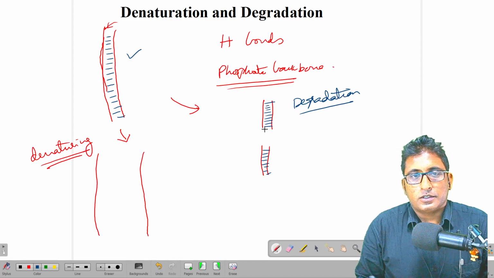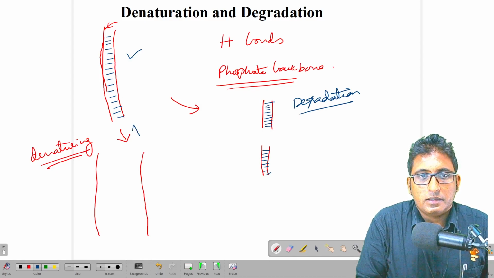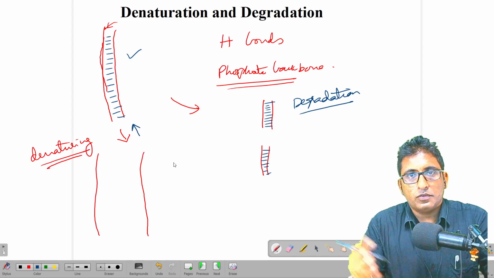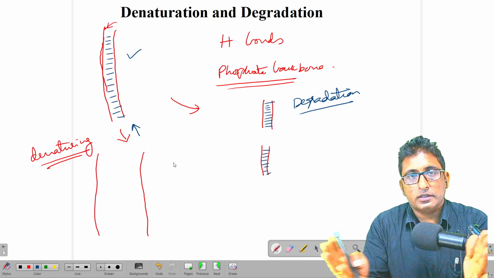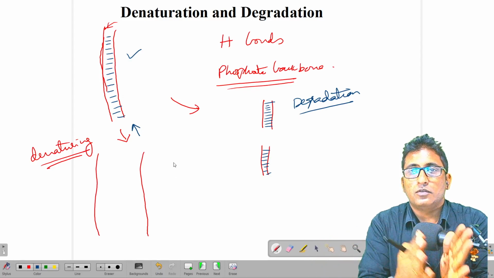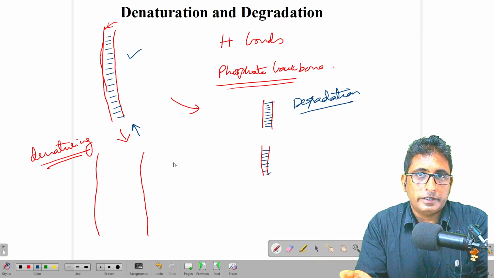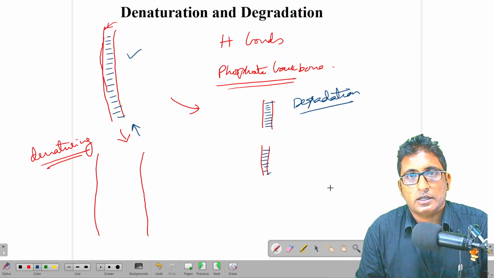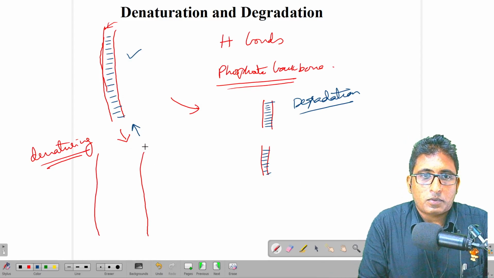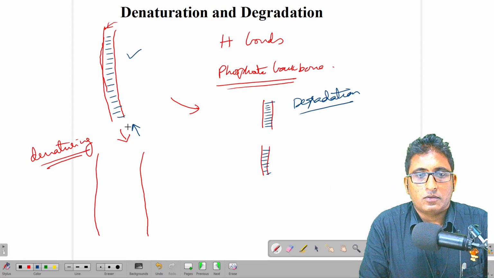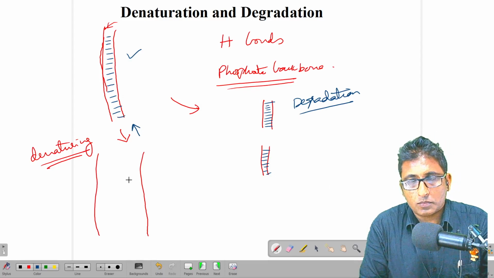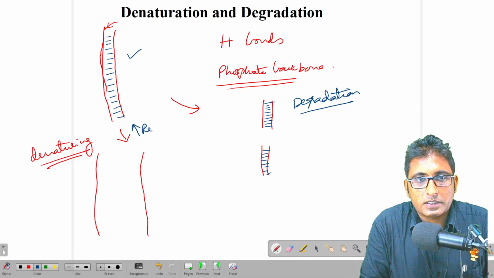The denaturation is highly reversible. If you put these two complementary strands together, they can base pair again and form a double-stranded DNA based on the conditions around. The process of forming a double strand by two complementary DNA molecules is called renaturation.